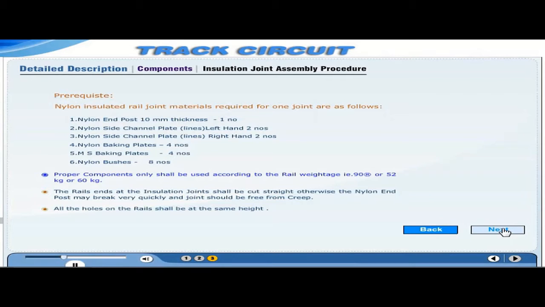Proper components only shall be used according to the rail section, that is 90 R or 52 kg or 60 kg. The rail ends at the insulation joints shall be cut straight, otherwise the nylon end post may break very quickly, and the joint should be free from creep.